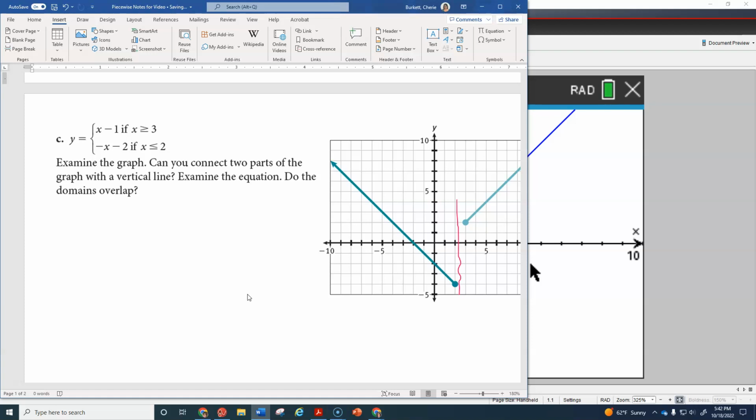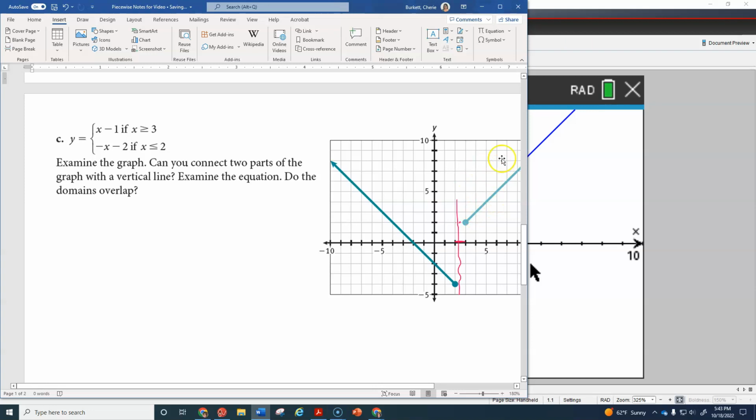So there's several places where there is no y value for a few x values. Everything between 2 and 3 right here doesn't have a y value. So there's a gap right there. So it's going to always pass the vertical line test. All of the vertical lines over here are only going to intersect this branch.